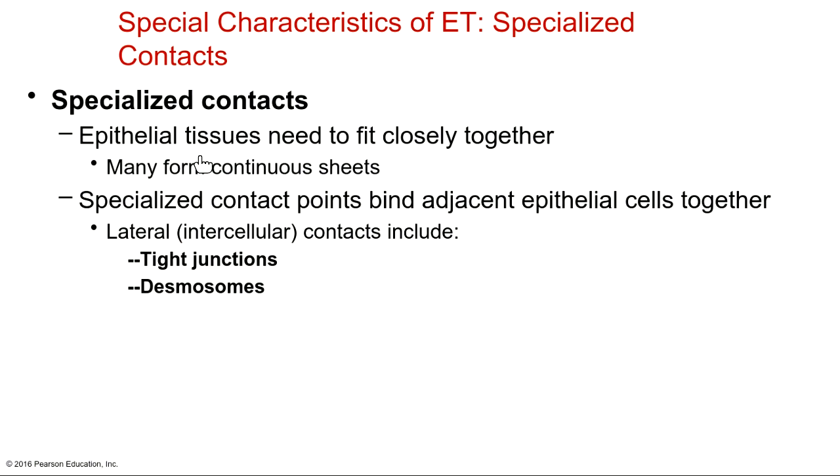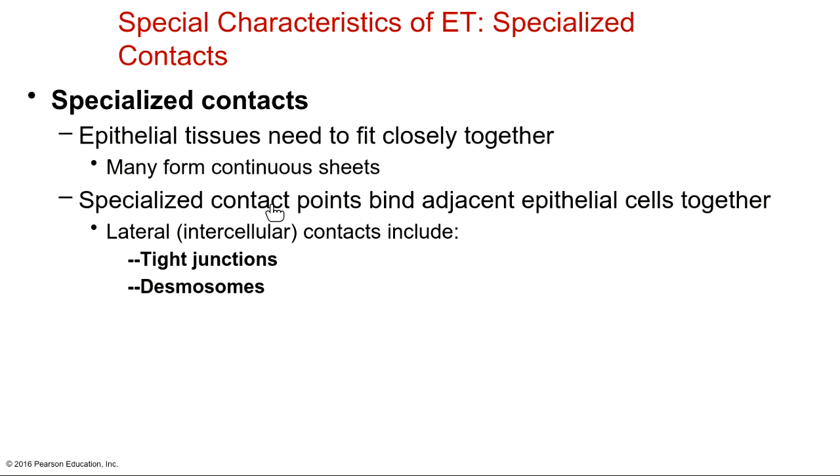The cells that make up connective tissue don't have specialized contacts like you find in epithelial tissue. This is because the cells of epithelial tissue fit closely together, perfectly, right next to each other. And this allows us to make these continuous sheets of epithelial cells.